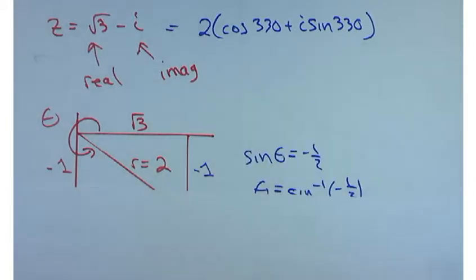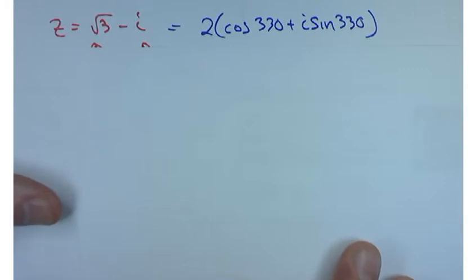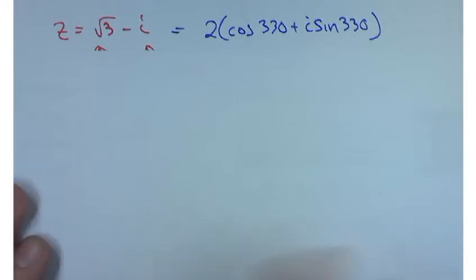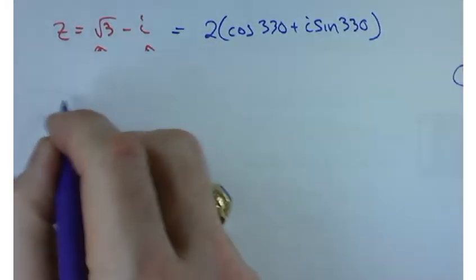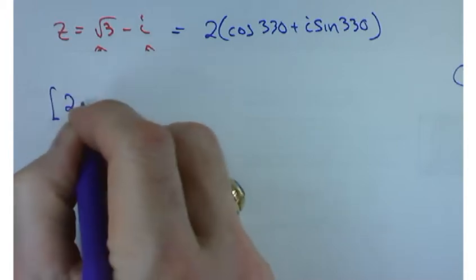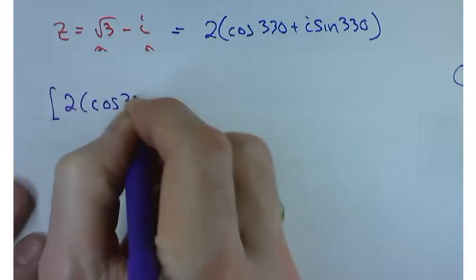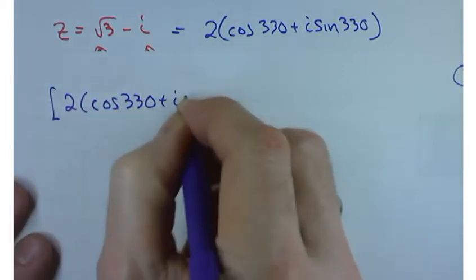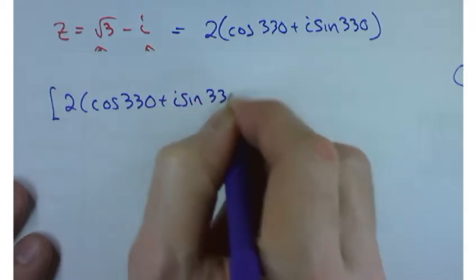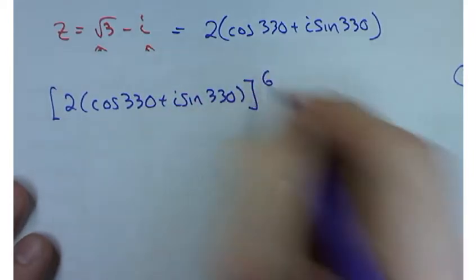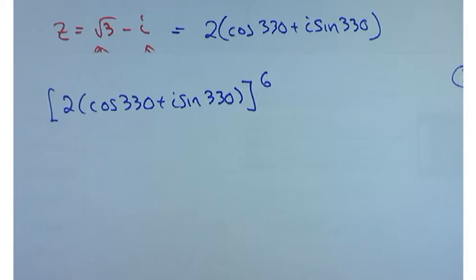That's looking good. Let's raise that to the 6th power. So I'm going to take 2 cosine of 330 plus i times the sine of 330 and raise that whole thing to the 6th power.